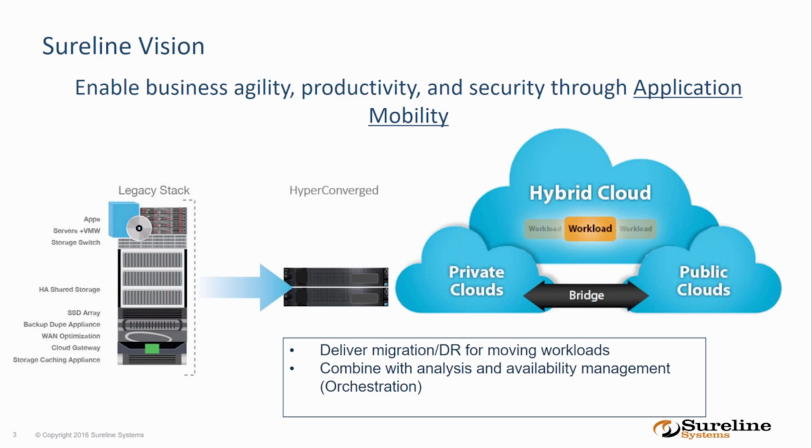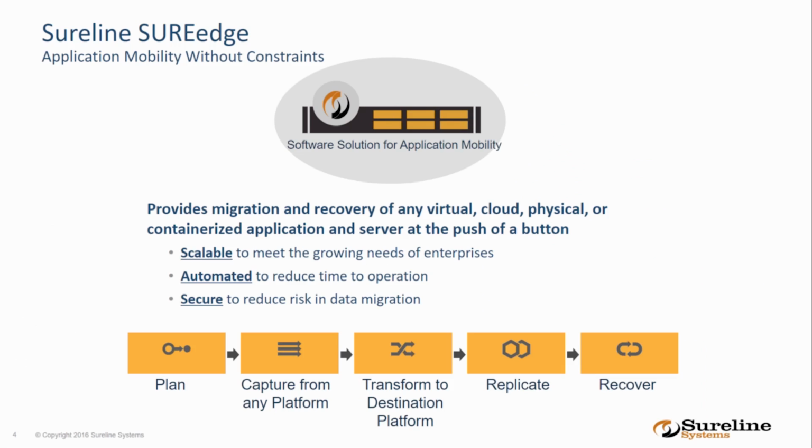So we deliver both migration services and disaster recovery for those workloads. And long term, that'll all get combined with analysis and availability management, into the newest buzzword of orchestration. But for now, looking at today, we provide that application mobility from any virtual environment or physical, and I think that's one of the real critical ones.